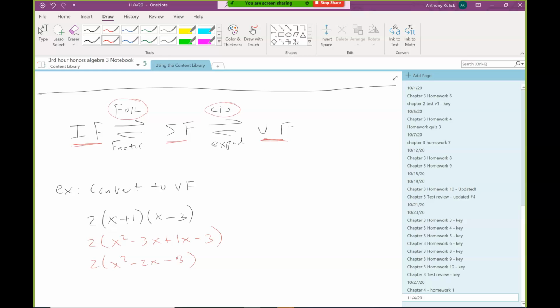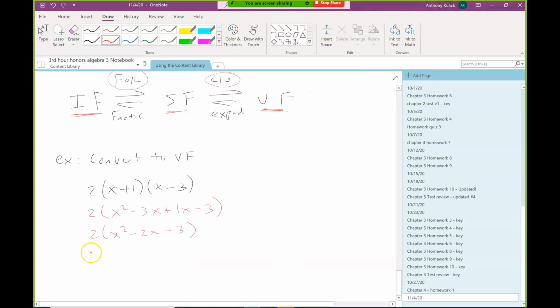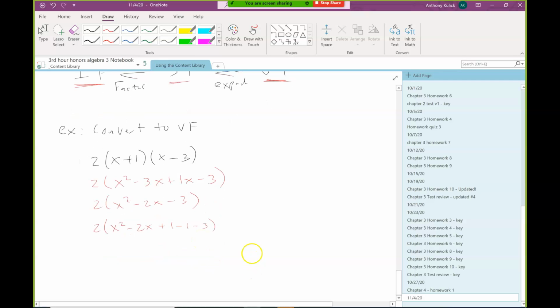Okay. What am I adding and subtracting? What number am I going to add and subtract here? 1. Very good. That's negative 2 divided by 2 squared. Okay. Now what? Kick them out.